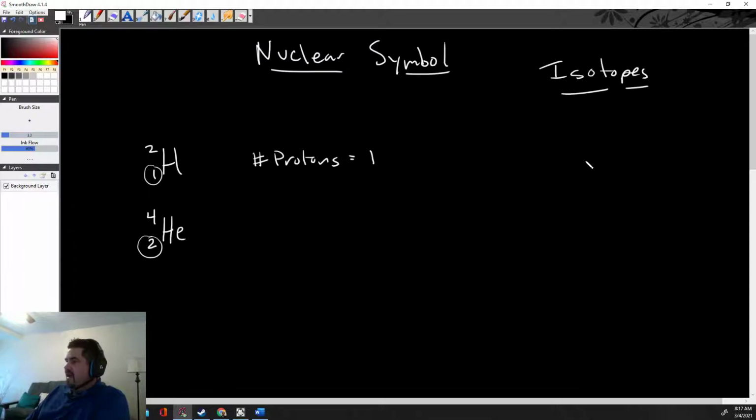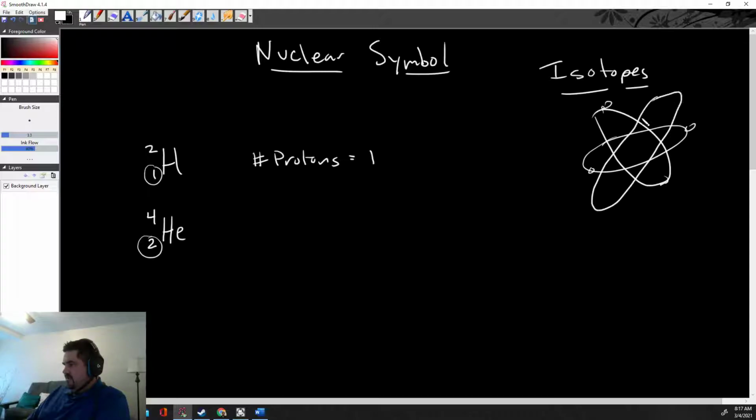If you have an atom with a proton deep inside its nucleus, and electrons flying around out here, you've seen atoms before, right? They have these little negative electrons, but let's not worry about those right now. There's the nucleus in the center, and that nucleus has neutrons and protons.